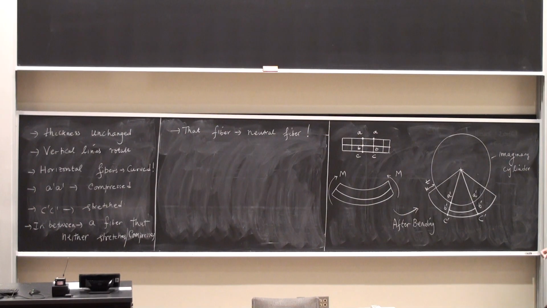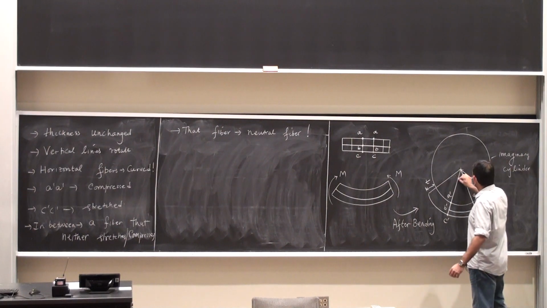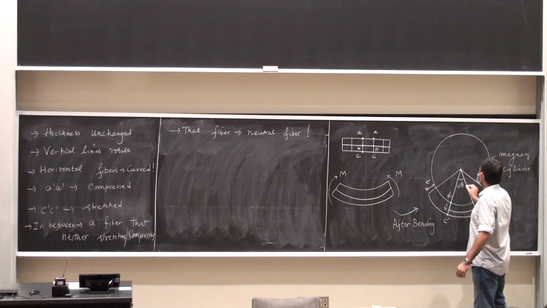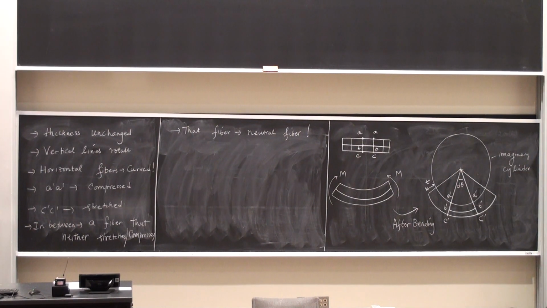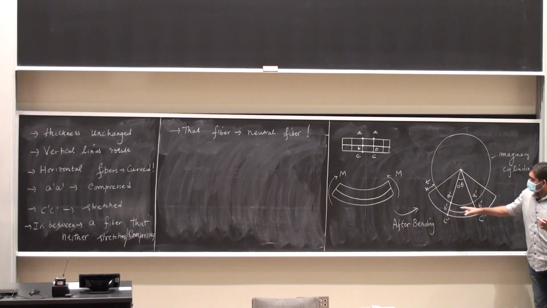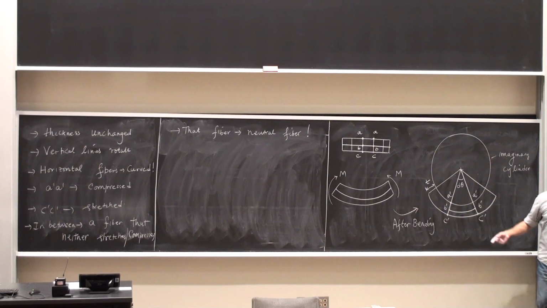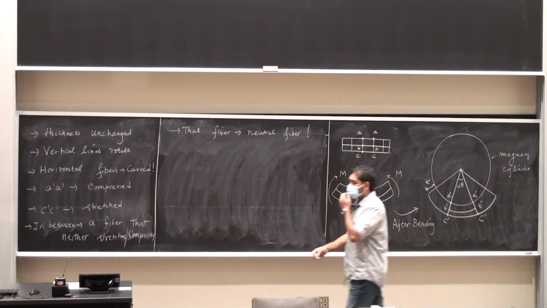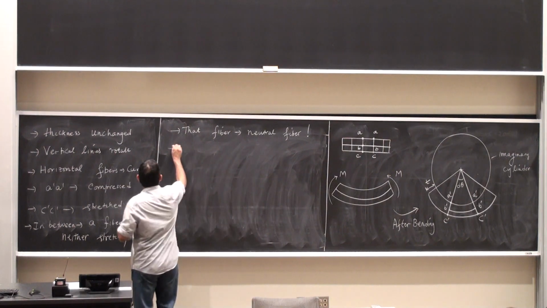And so look at this. I'm going to call this angle d theta, some really small angle d theta. For the sake of simplicity, this curved length B prime is the same as BB. So for us, BB is the horizontal neutral fiber.